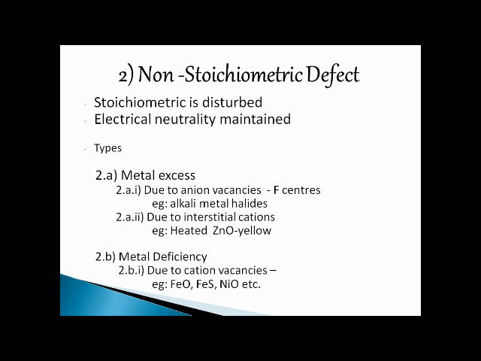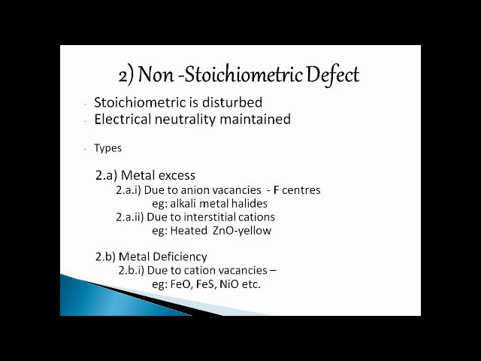When a metal ion is missing from its normal lattice site and the charge is balanced by a nearby metal ion having higher positive charge, that type of defect is known as metal deficiency defect. Because in non-stoichiometric defect, electrical neutrality is maintained.